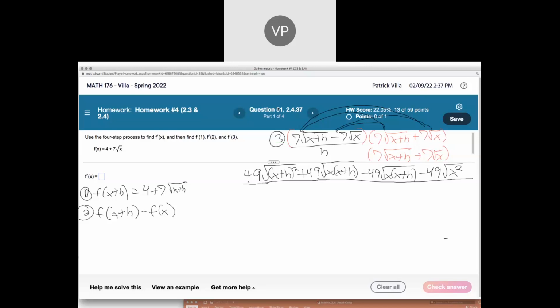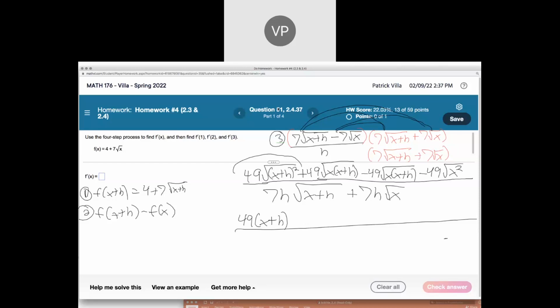Okay? Now on the bottom, all I have is an h times, and I'll go ahead and multiply this out. Let's do that. Remember, outside things stay outside. Inside things stay inside. So what happens next is, in this first term right here, I have a 49, and the root and the square cancel, so I have just an x plus h.